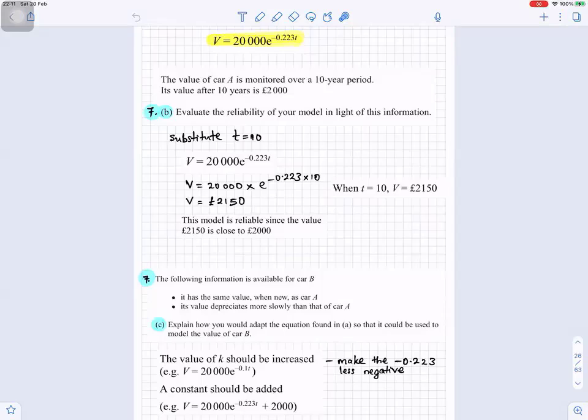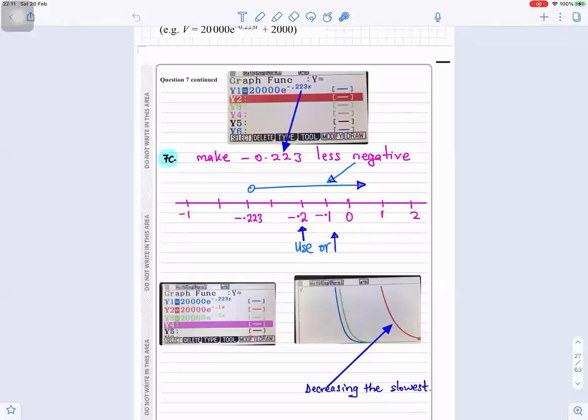And then for 7C, make minus 0.223 less negative. And these are graphs to compare which one is steeper. This one is less steep, this one is steeper. And less negative means numbers to the right of minus 0.223. So that's part question 7C.